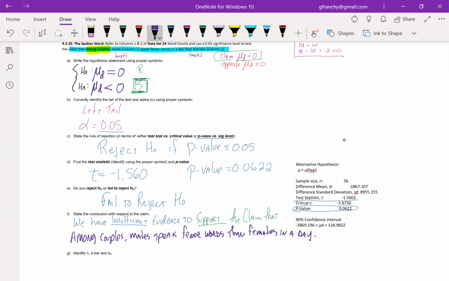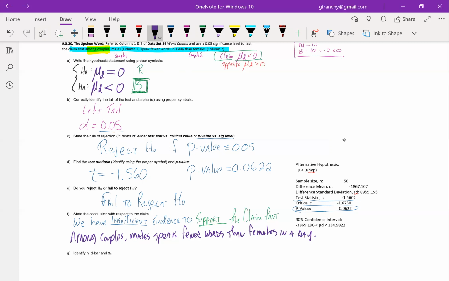So we put the conclusion with respect to the claim together in 3 parts. Let's go back and read it all the way through. We have insufficient evidence to support the claim that among couples, males speak fewer words than females in a day. So we don't have the evidence to say that men are speaking less than their female partners here.